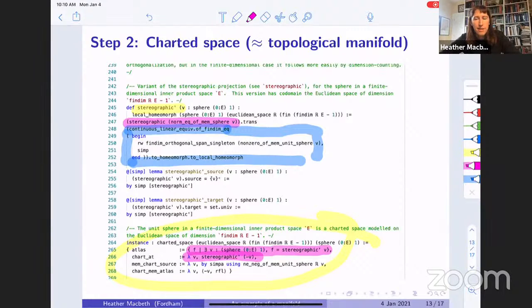Okay, so now we basically have a topological manifold. We've shown that the sphere is a topological manifold, and the final thing is to check that it's a smooth manifold. This means to check that the transition functions, that is the result of first applying one and then applying another one in the opposite direction, are smooth.